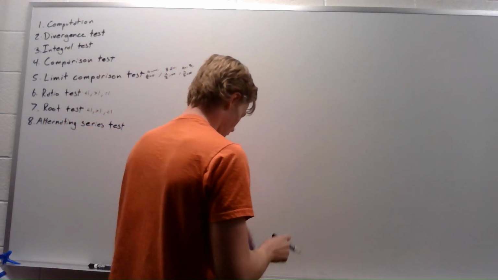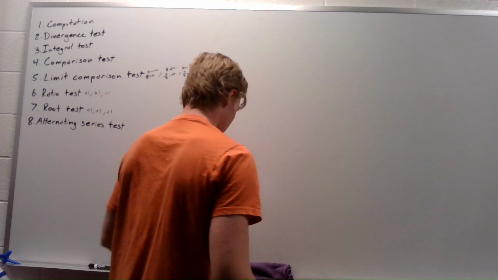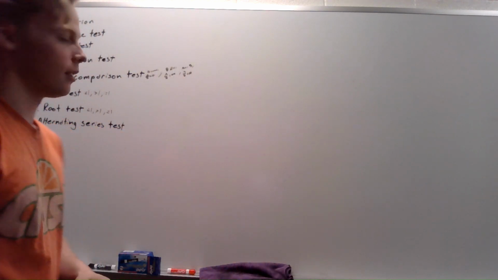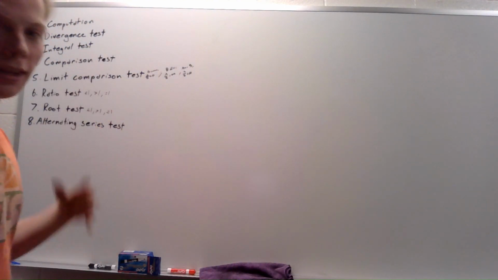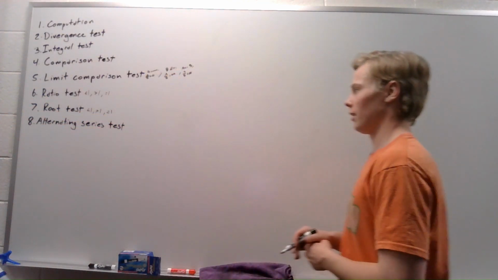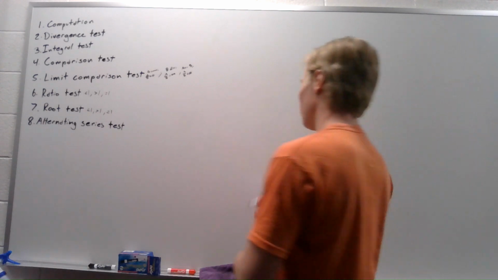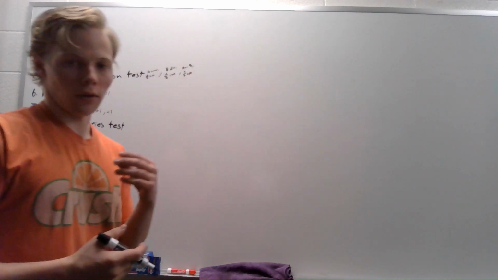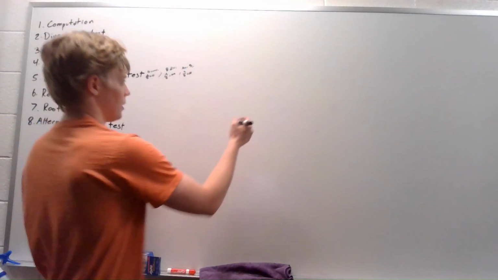So now we can start getting into the actual math of it, the tests. And the first test is computation, which isn't so much a test as it is a method. And so there are a lot of tips and tricks you can use to compute certain sums, infinite sums.